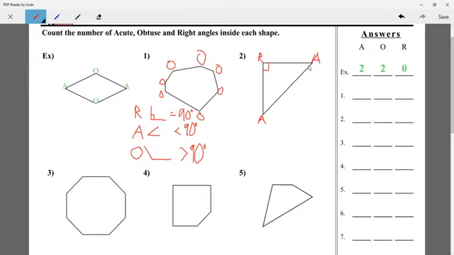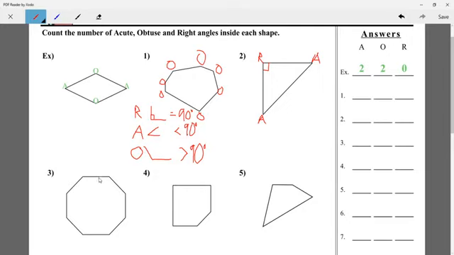Since this is a right angle, which is 90 degrees, these two angles have to also add up to 90, because 90 plus 90 is 180. So if these two angles add up to 90, then they both have to be acute.